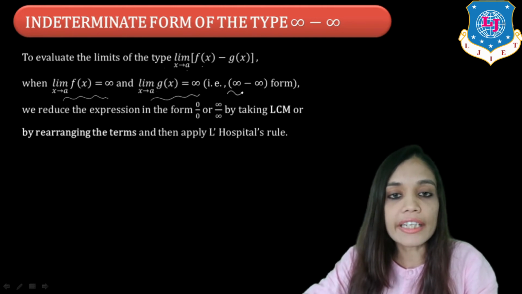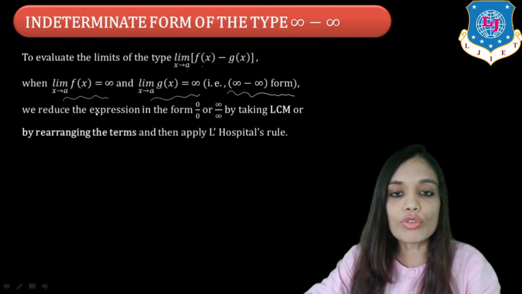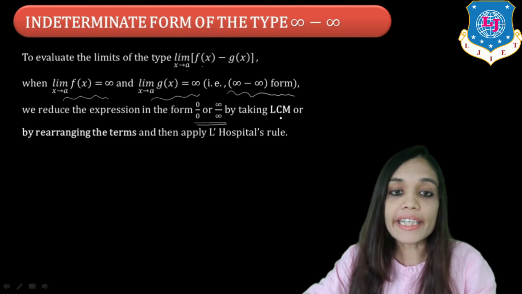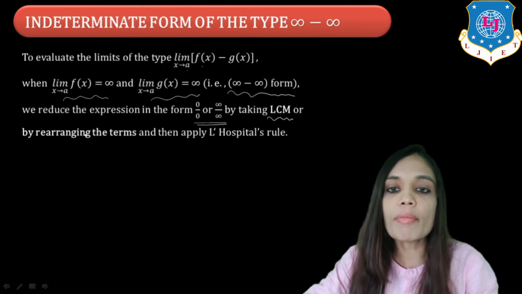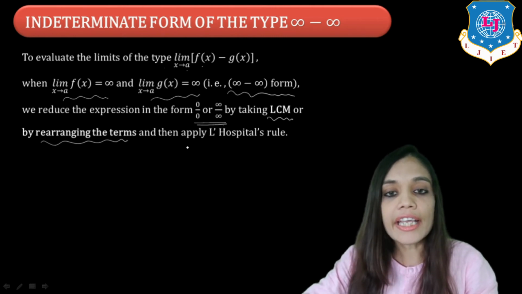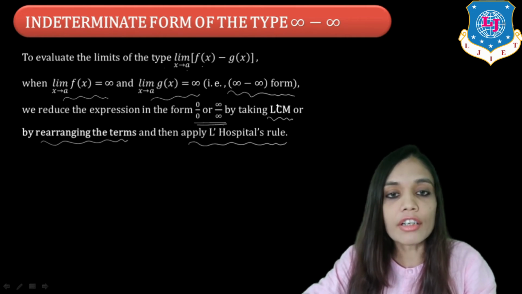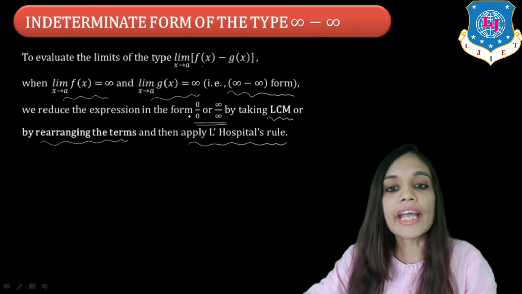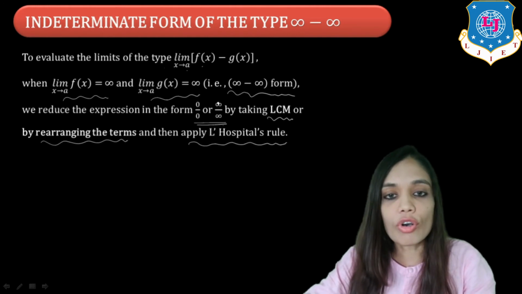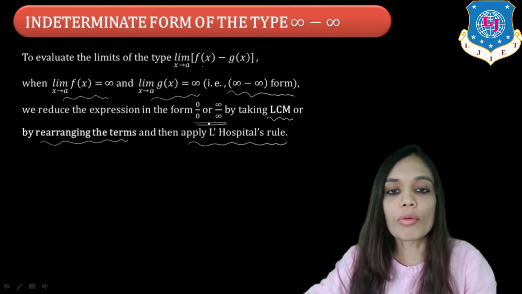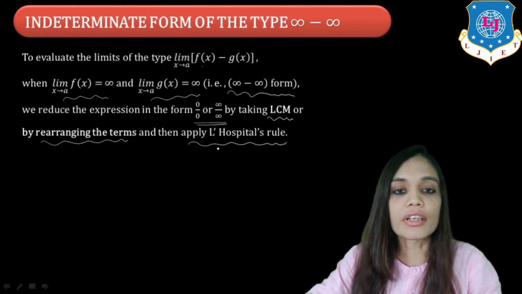That is, if we are getting infinite minus infinite form, we have to firstly reduce the given expression in 0 by 0 or infinity by infinity form by taking LCM or by rearranging the terms, and then only we can apply our L'Hopital's rule. So in this method, firstly we have to take LCM or rearrange the terms and convert it into 0 by 0 or infinity by infinity form and then apply our L'Hopital's rule.